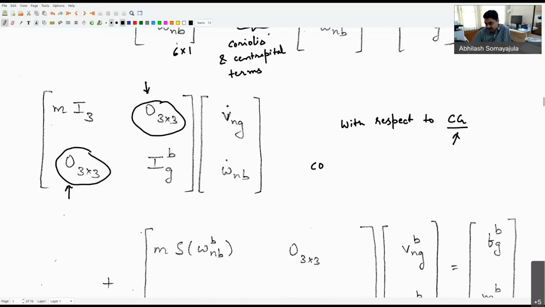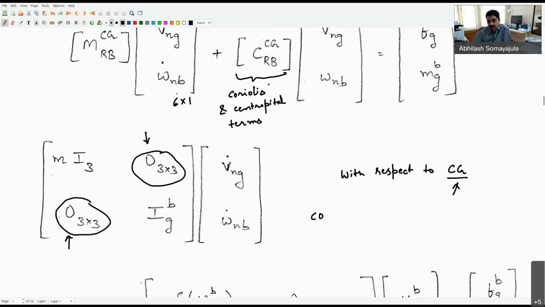In terms of derivation, it is simpler to understand about the center of gravity because you don't have any external factors to think about. But the moment you say that you want your equations of motion about any other point, you have to understand how far the center of gravity is from that point and what effect it has on the equations of motion. Did that answer your question somewhat? Yes, sir. Okay, all right.